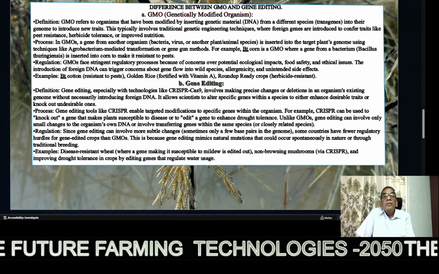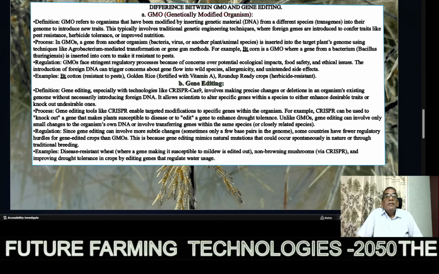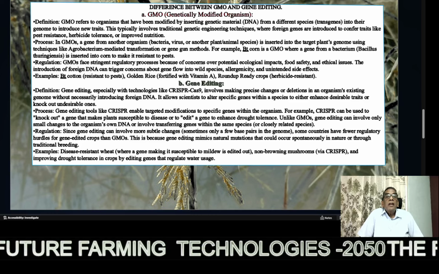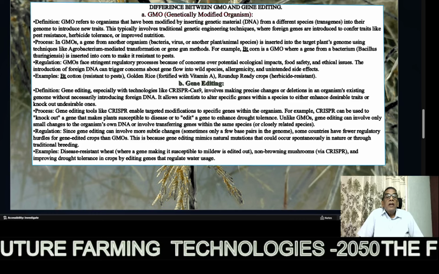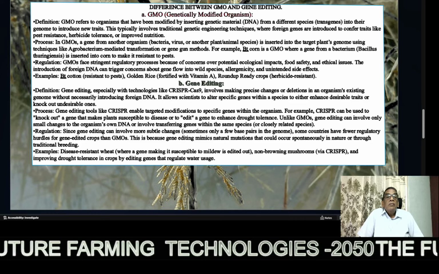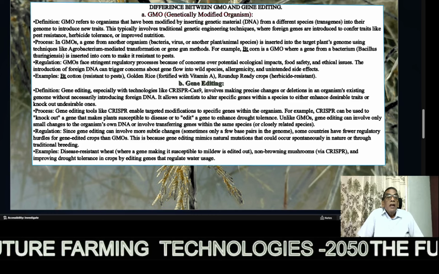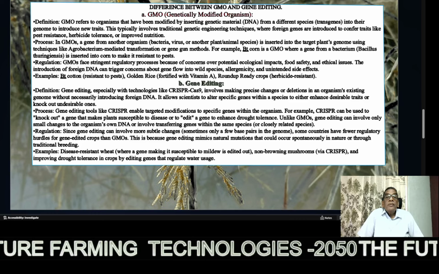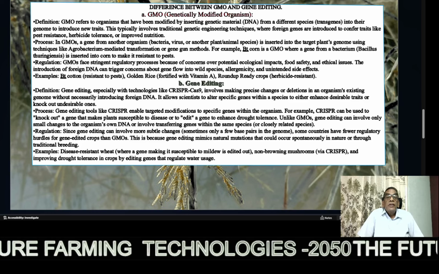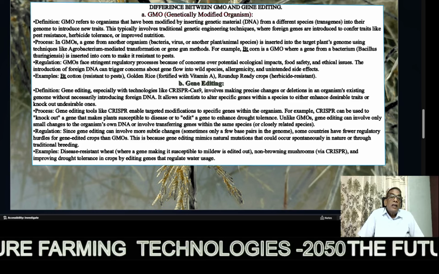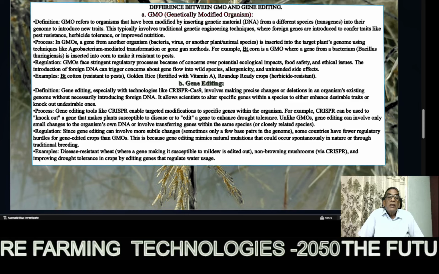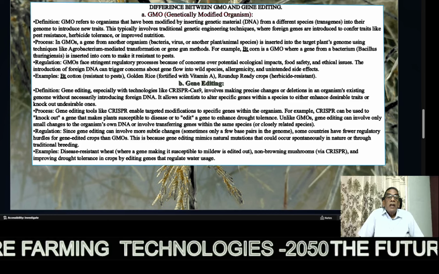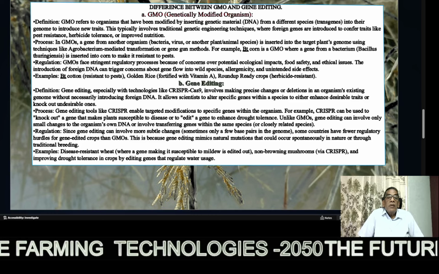usage. So there is a difference between them. Genetically modified organisms have some limitations, where society may not accept them, but gene editing does not have such limitations, because it works within the species, modifying genes in the species itself.